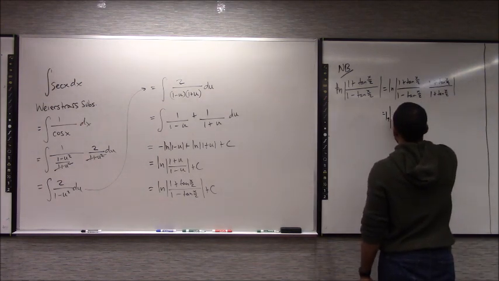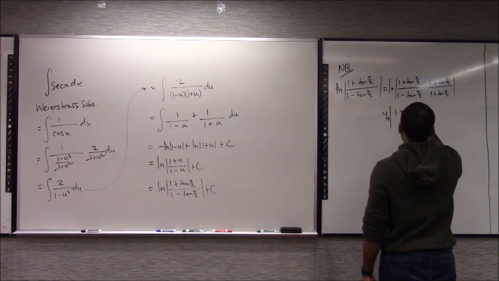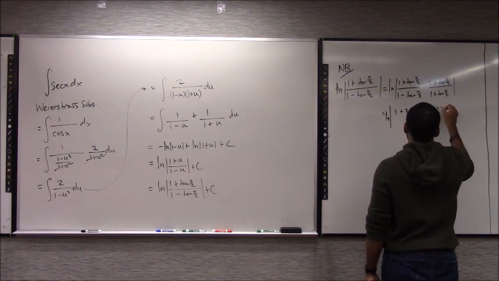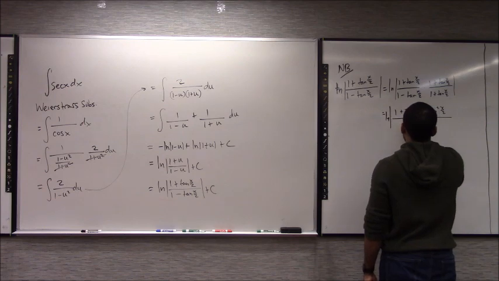At the top, that'll be 1 plus 2 tangent x over 2 plus tangent squared x over 2, over 1 minus tangent squared x over 2.